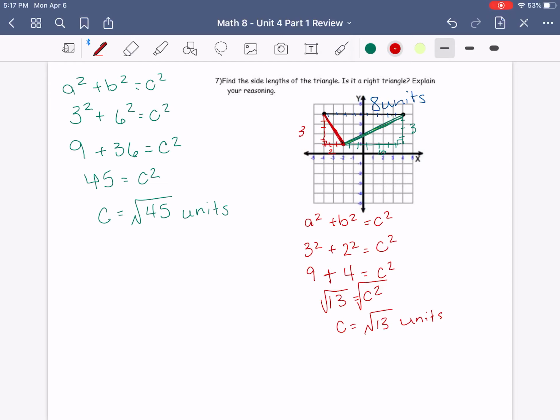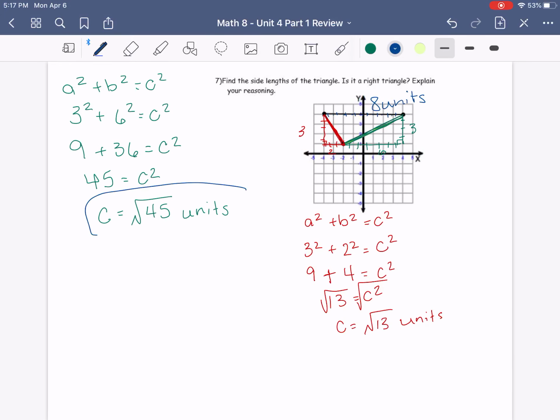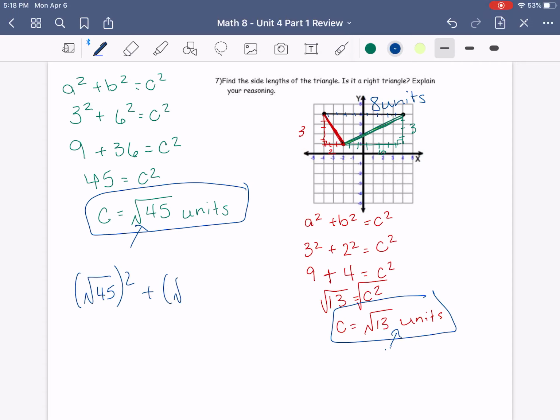Now I can use both of these to determine whether or not I have a right triangle. Okay, so I'm going to call my side A this guy right here. And this guy here, my side B. And I'm going to see if it gets me my side C. So remember, the square root of anything squared is just going to be the number.